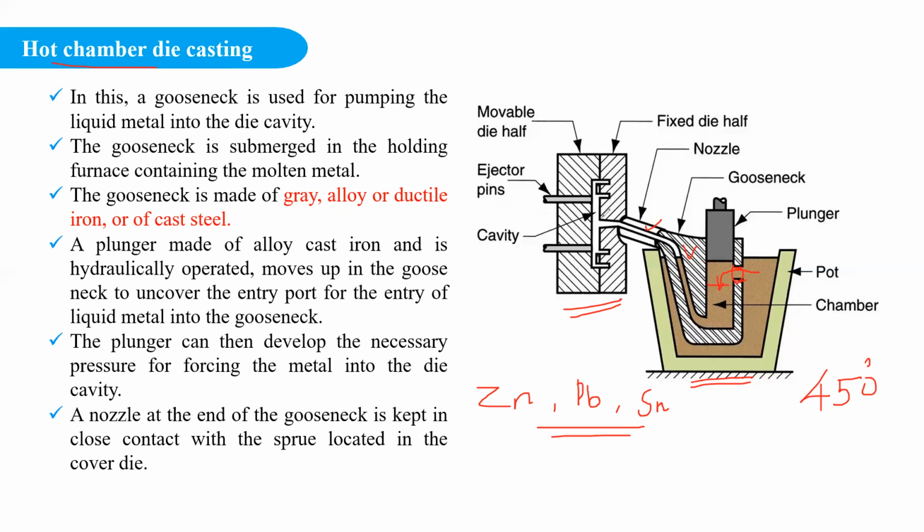Once solidification is completed, the plunger retracts back, the excess molten metal in the nozzle comes back into the chamber, and the molten metal in the pot comes into the chamber. This is how the process continues.